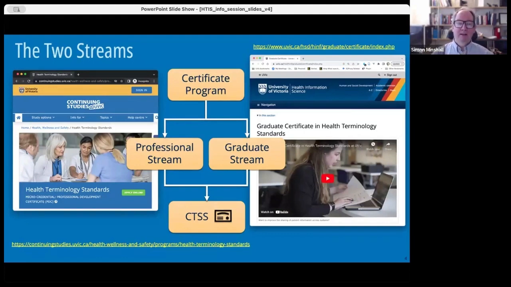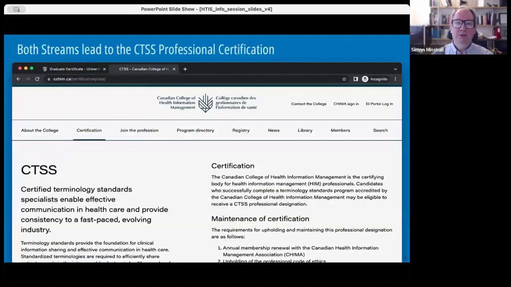If you happen to have a bachelor's degree and are eligible to get into the graduate stream, then you need to talk to the Faculty of Graduate Studies to get in. So we have two separate pathways to get in, making sure everybody has the chance to earn that CTSS. Both streams lead to the CTSS. You become a Certified Terminology Standards Specialist, and this is a designation conferred by the Canadian College of Health Information Management.